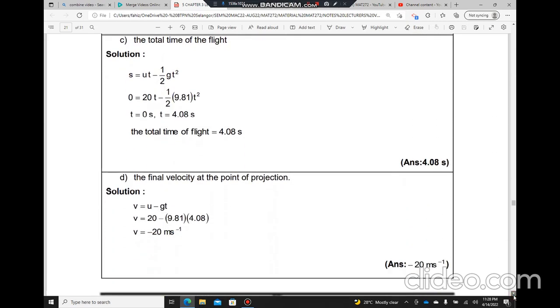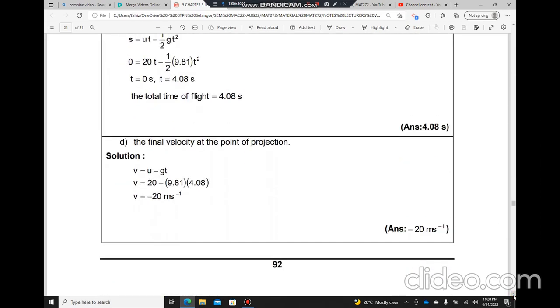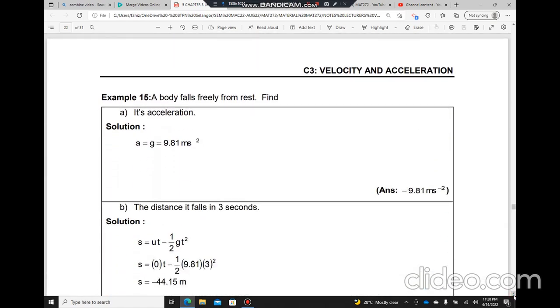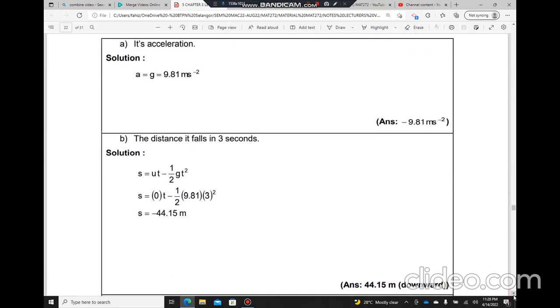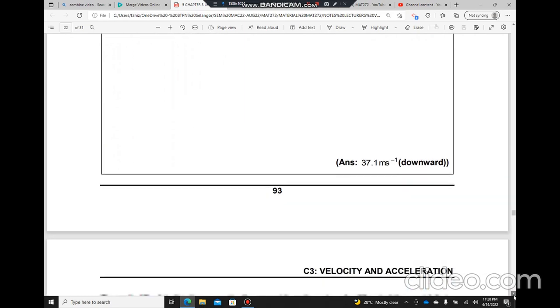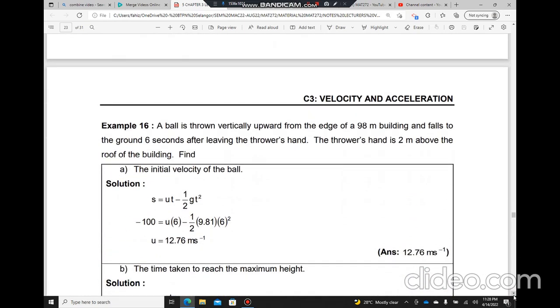Okay, the total time. Okay, yang ni boleh cuba buat semua ni dah ada answer. Okay, a body falls freely. Okay, its acceleration equals to gravity 9.81. The distance it falls in 3 seconds. Dia lebih kurang sama je semua ni.